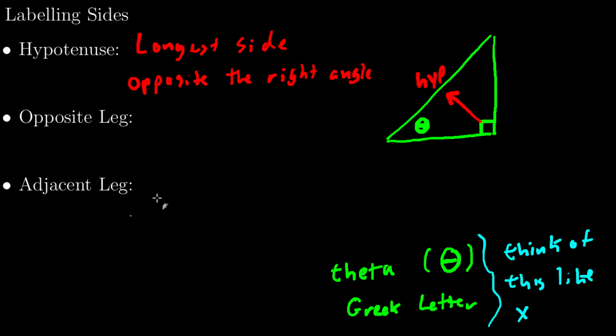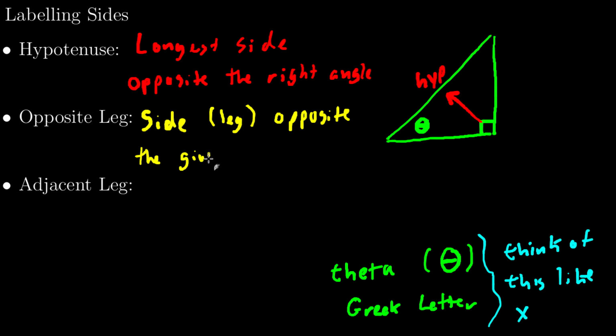Now the legs. The legs are the two shorter sides, the two sides that are adjacent to the right angle. The opposite leg is the side, and more specifically the leg, opposite or across from the given acute angle.